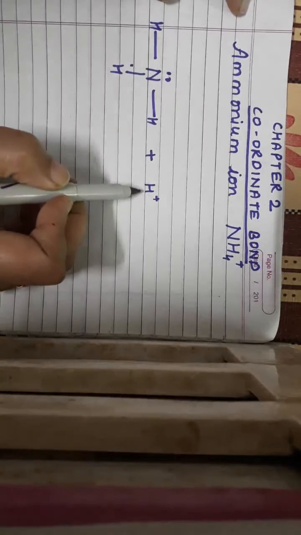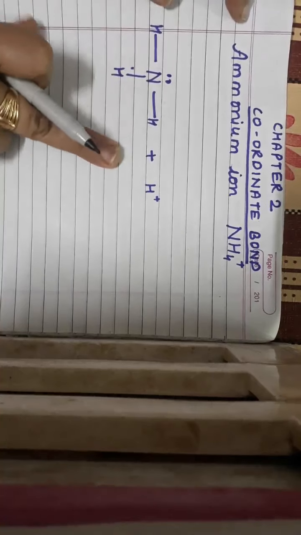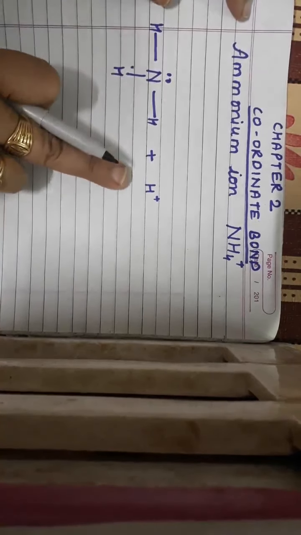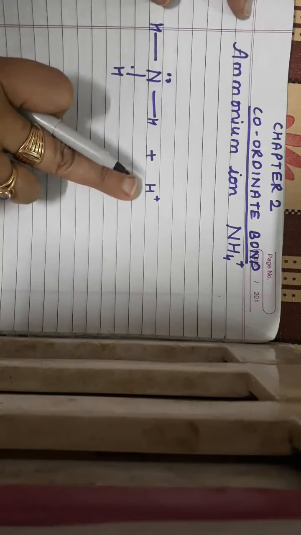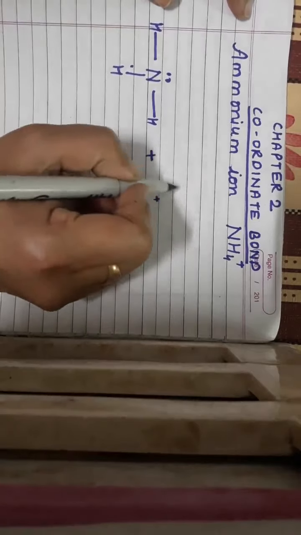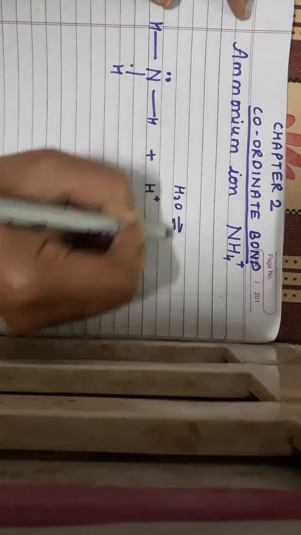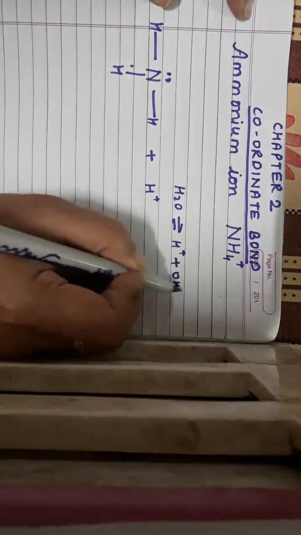And from where has this proton entered? Actually, what happens when ammonia gas is dissolved in water. Ammonia is a water soluble gas, and water on self ionization releases hydrogen ion and hydroxide ion. There is another process for self ionization of water also. Whenever water ionizes itself, it releases H plus and OH minus.